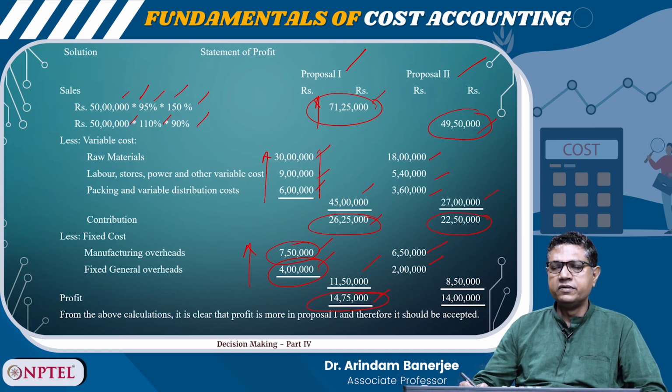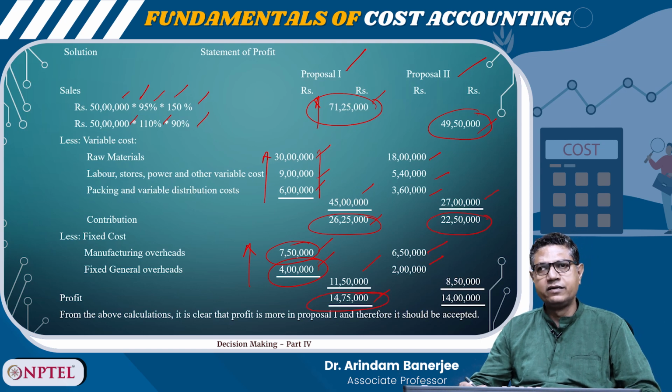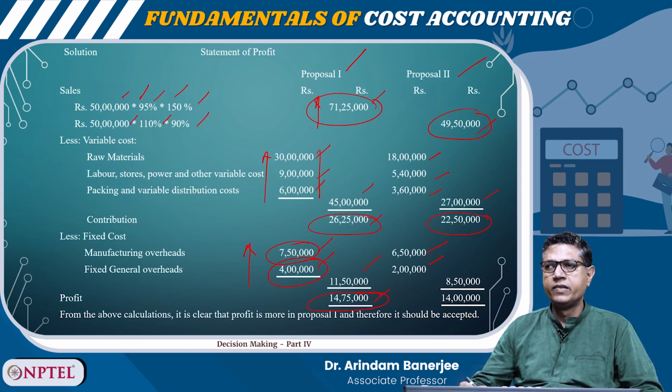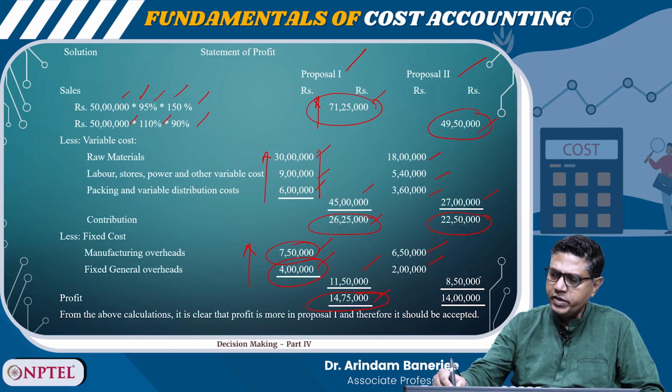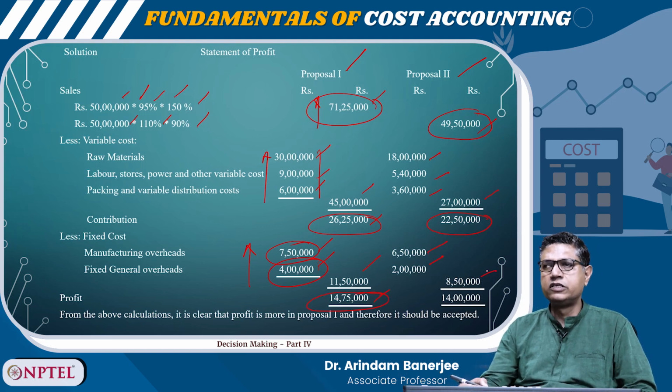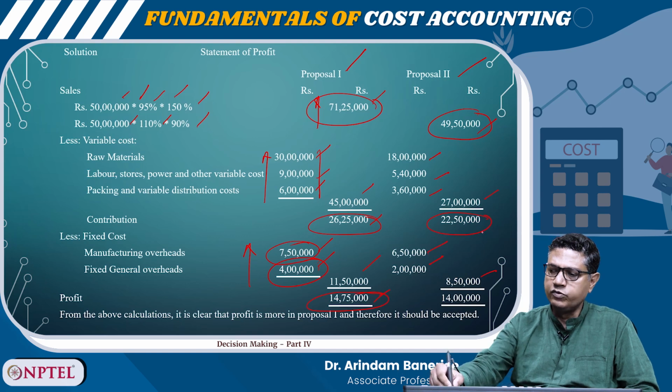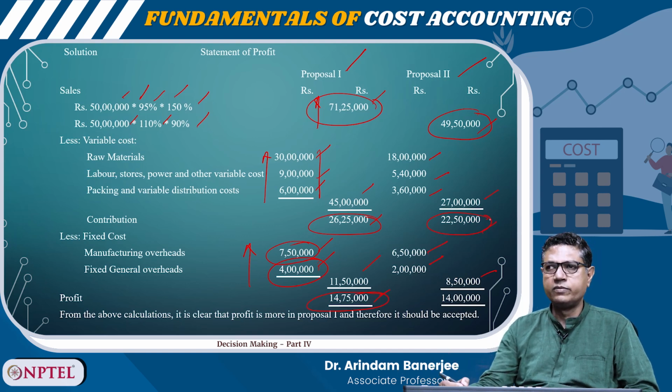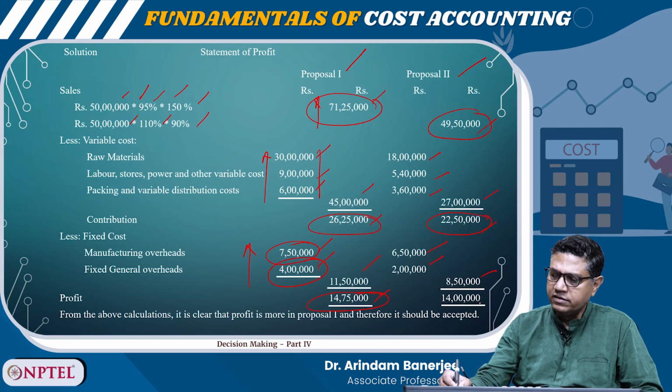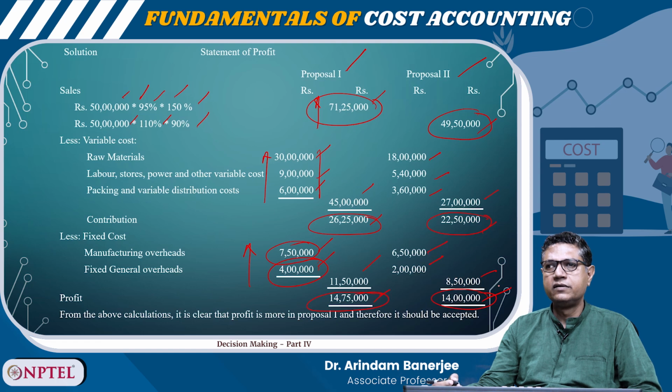So, both manufacturing overheads and fixed general overheads are getting reduced in this proposal 2. If I add these two, the total fixed cost I will get is rupees 8,50,000. So, this is my total fixed cost. This total fixed cost of 8,50,000, if I reduce from contribution, that is 22,50,000, I will get the profit.